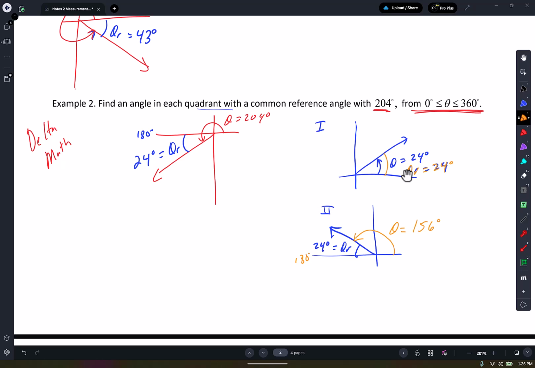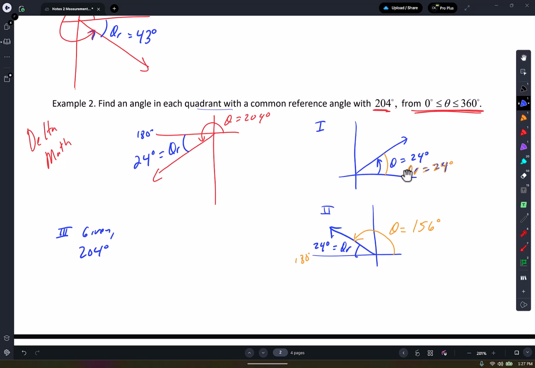And do we understand the question? Because that's really the big thing. First they want to know what the reference angle is. Then they say, give me the angle in each quadrant where the reference angle is 24 degrees. So in quadrant 1, it's 24 degrees. In quadrant 2, it's 156, which gives you a reference angle of 24 degrees. In quadrant 3, it was already given, so I'm going to write quadrant 3 given, 204 degrees.